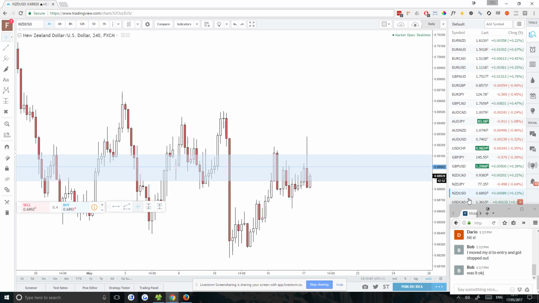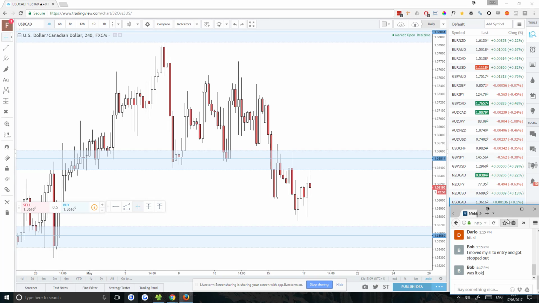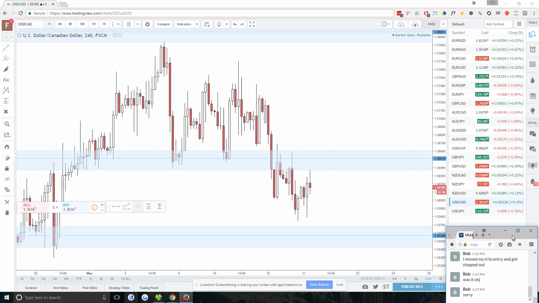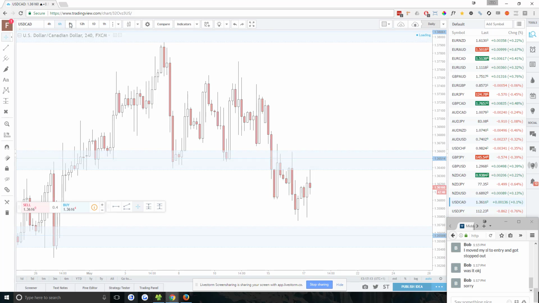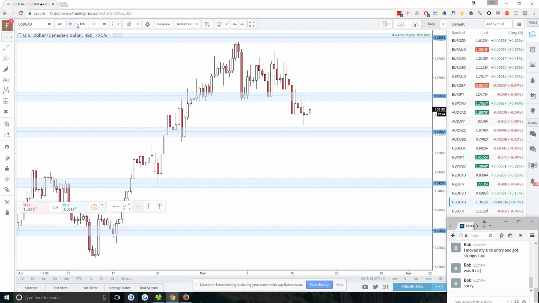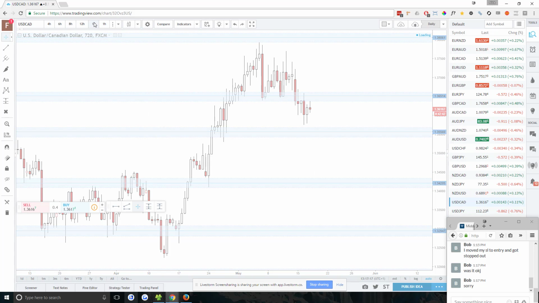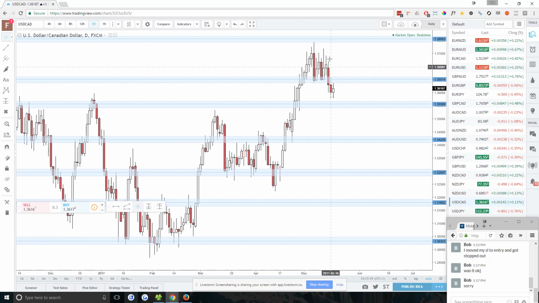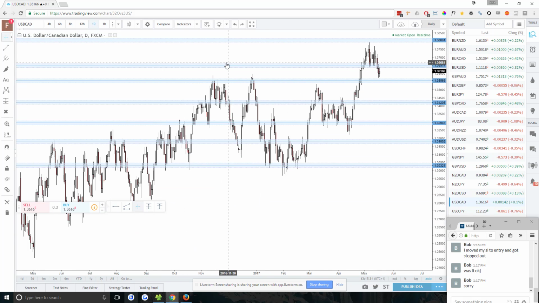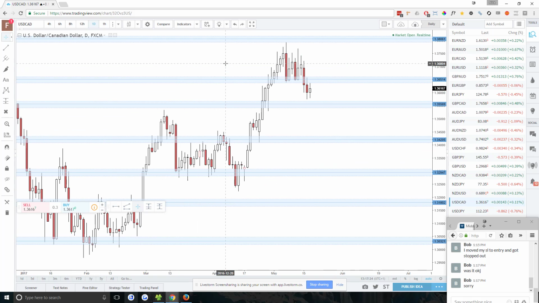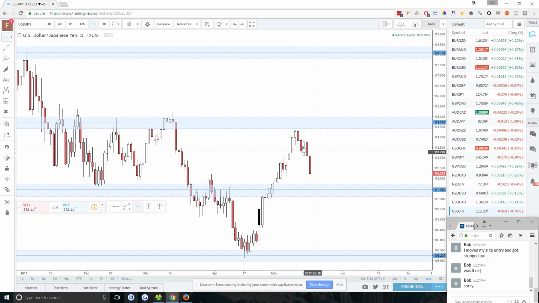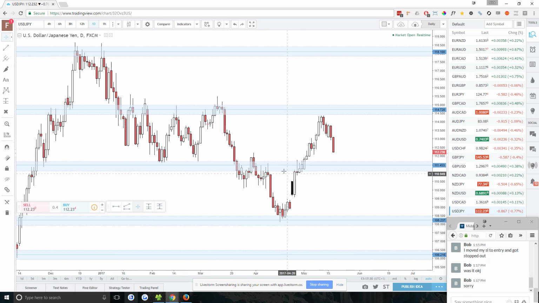Nothing much is happening. Pretty boring day today so far. USD CAD, what's going on with USD CAD? Just moving down, really. There's not much potential for a trade here. Yeah, there's nothing really happening here. USD JPY, this one's moving down quite fast.